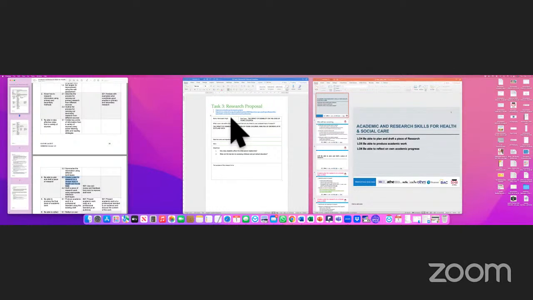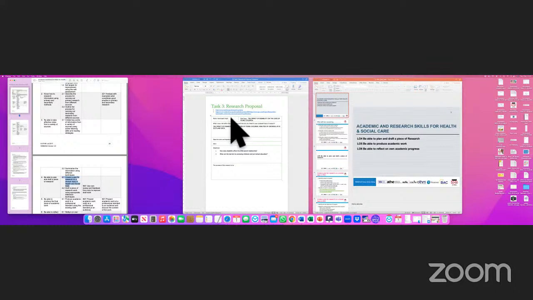And the secondary research tends to be when you look at collating information from existing sources which have published data on that topic of your research. So there could be information that you could glean from government websites, government reports, other research foundations or organizations which conduct research in the health and social care sector.